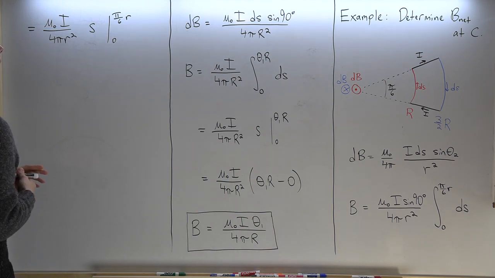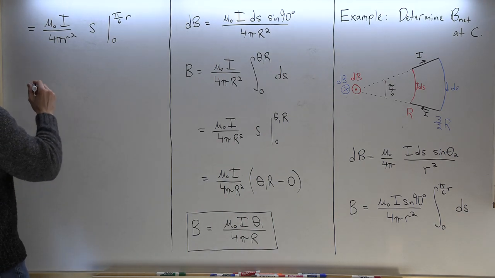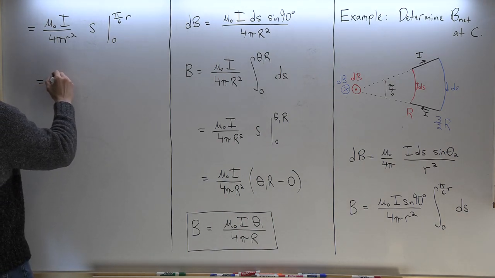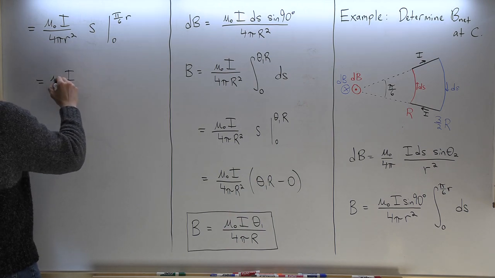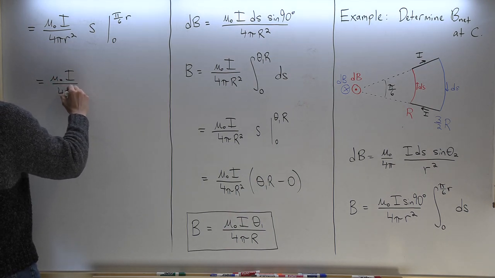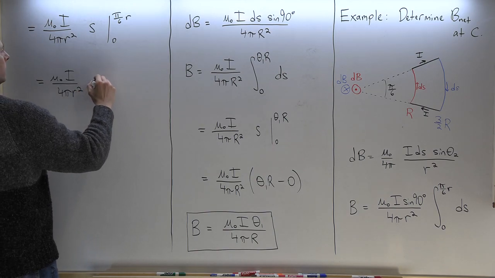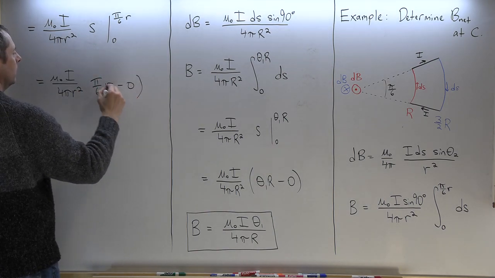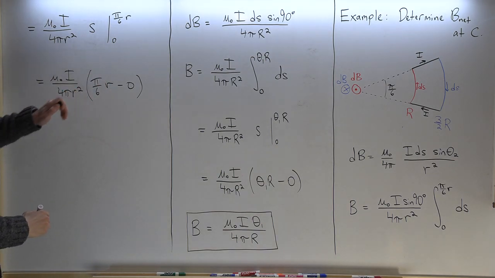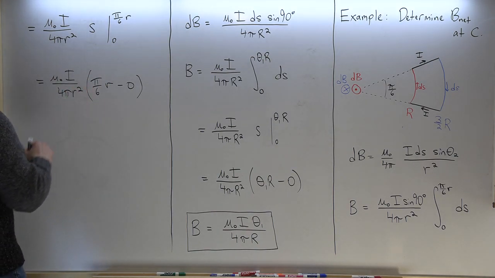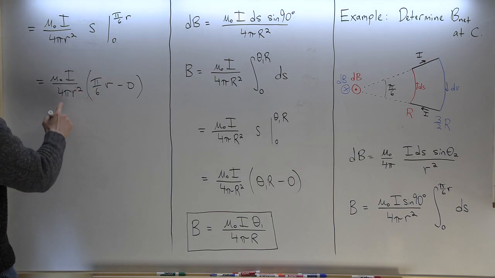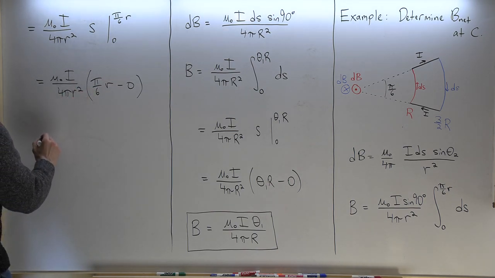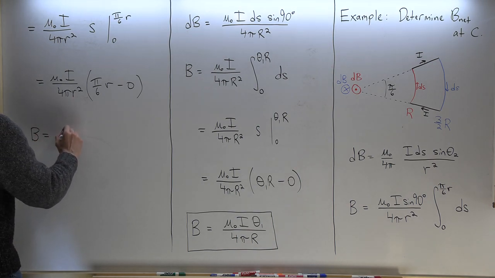Okay, so plugging in my limits. One of the radii goes away, the pi goes away, right? Pi, pi, radius, radius, and the 4 and the 6 become 24, giving me my magnetic field for this particular angle.